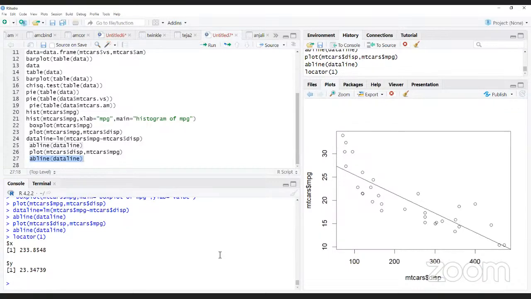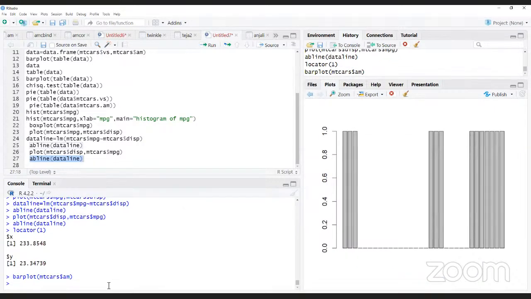Only one thing is left. Farah, please write down barplot, bracket, mtcars, dollar, am, enter. Okay, so what we have received.